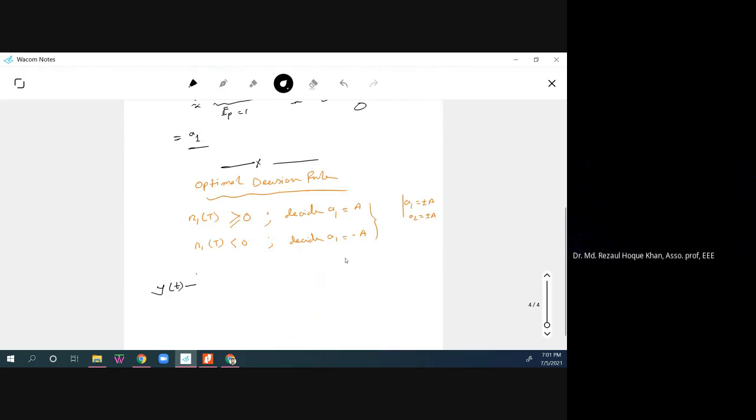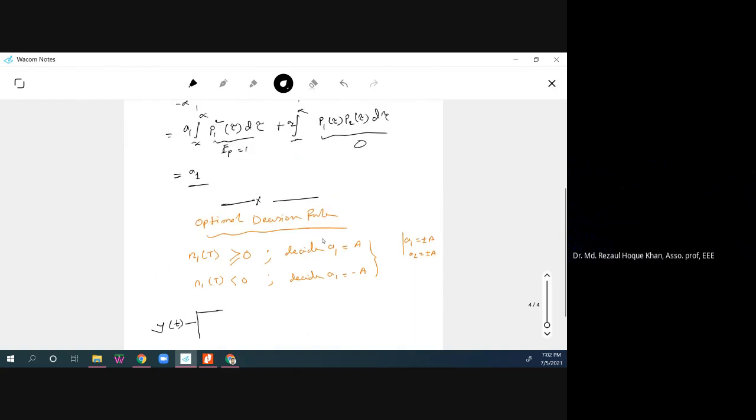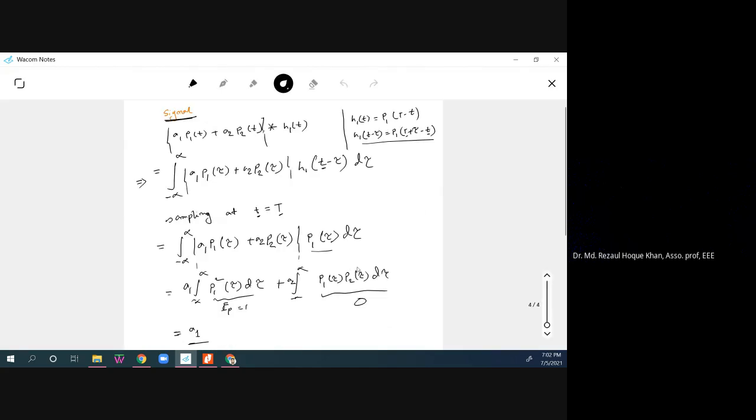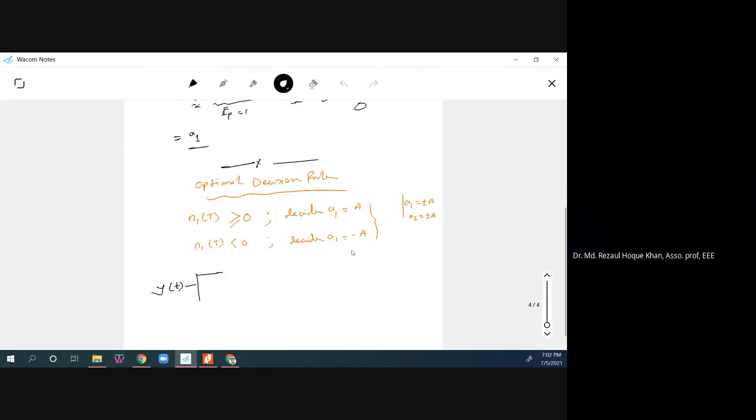What happens in QPSK? There are always two branches of signal. Here, you see whatever we did here, there are two matched filters, matched filter h1(t) or matched filter h2(t).